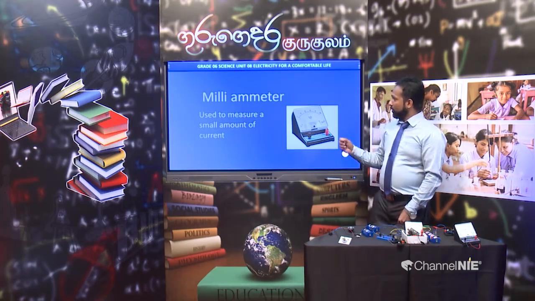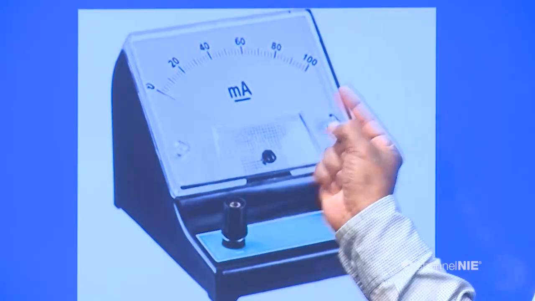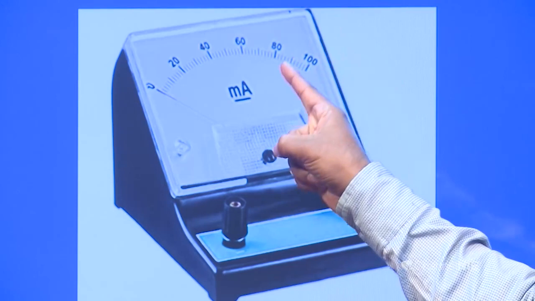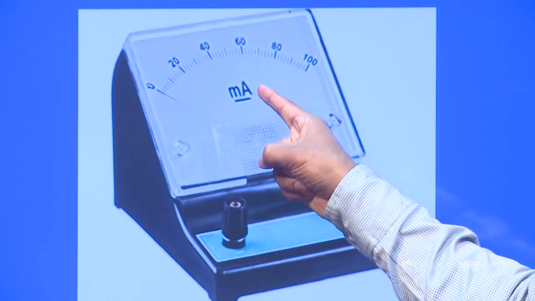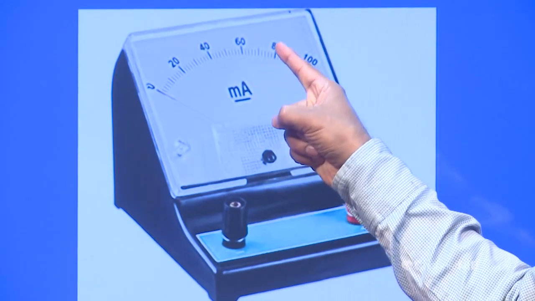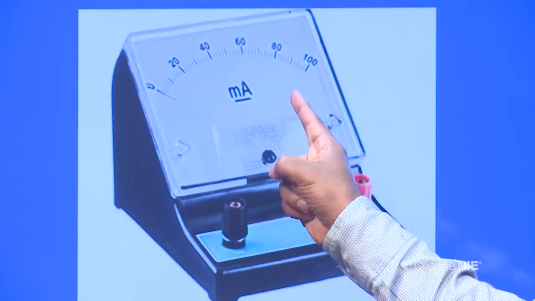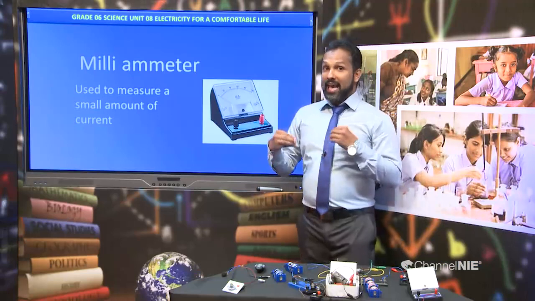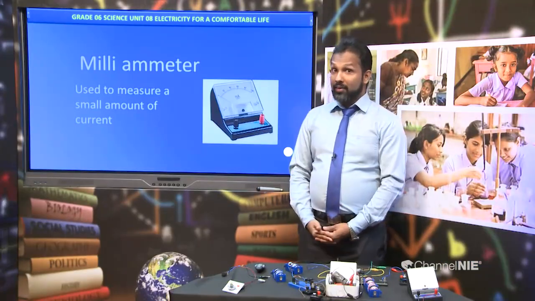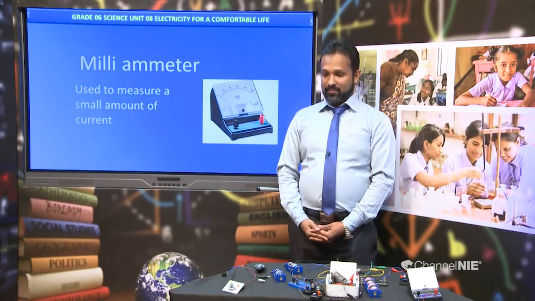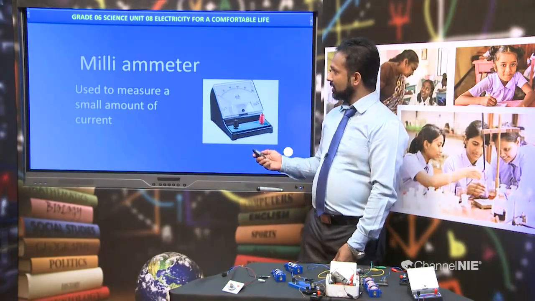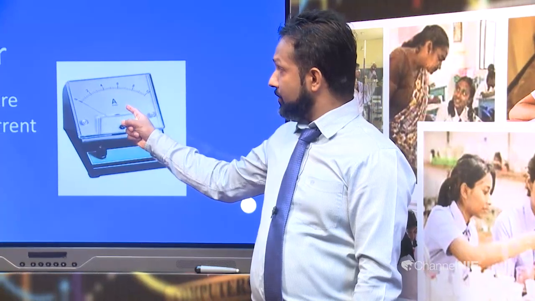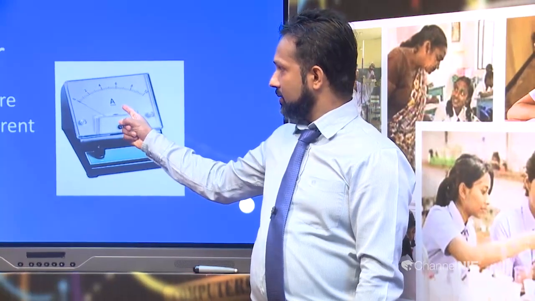When you look at the picture of a milliammeter, you can see it is marked as simple m, capital A. But in the ammeter, only the capital A is there, right?